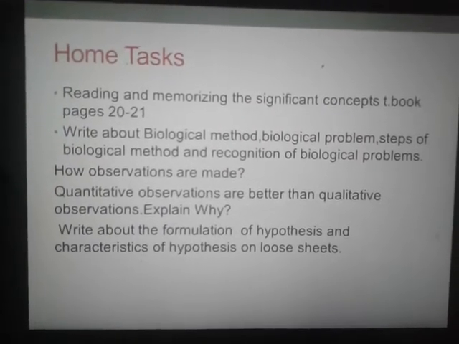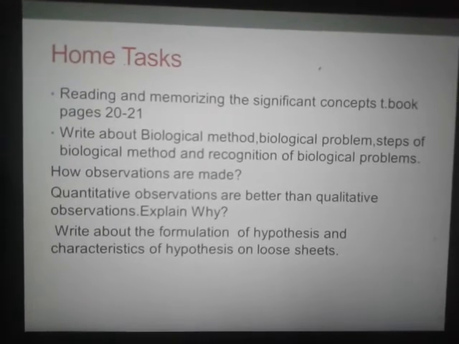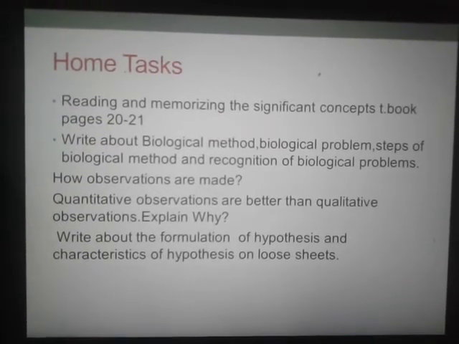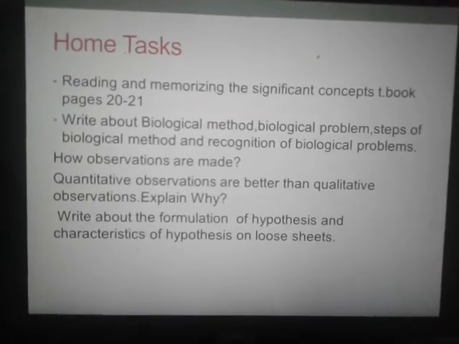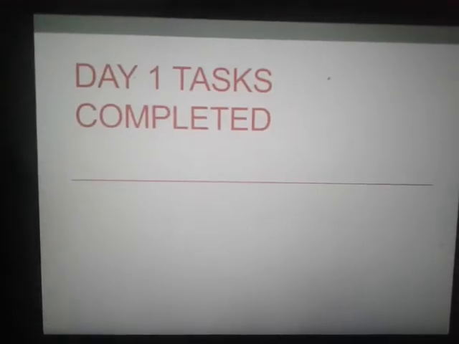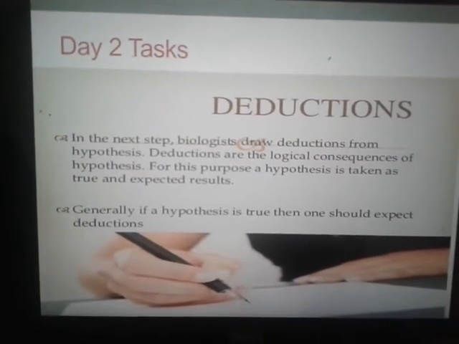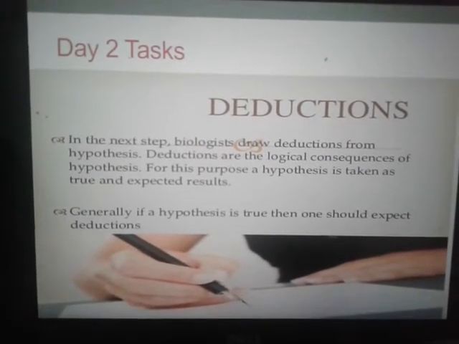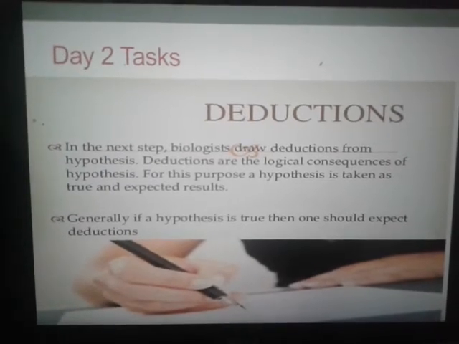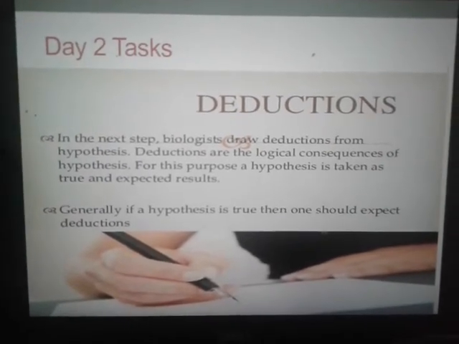Explain why. Write about the formulation of hypothesis and characteristics of hypothesis on loose sheets. Day 1 tasks completed. Now it's time to share the day 2 tasks, which are to know about deductions, experimentation, control experiments, and experimental group.